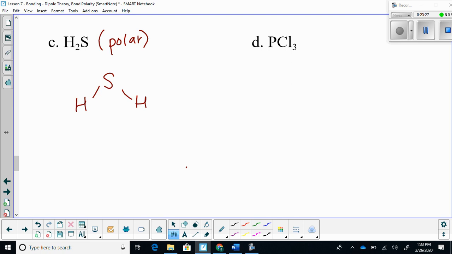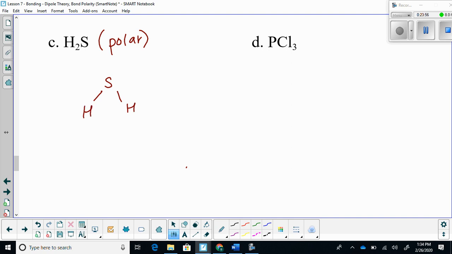Now, who has a higher electronegativity, sulfur or hydrogen? Sulfur. Okay, again, they're about the same strength. I don't think the arrow should be that excessively large. Okay, so here is our molecule.